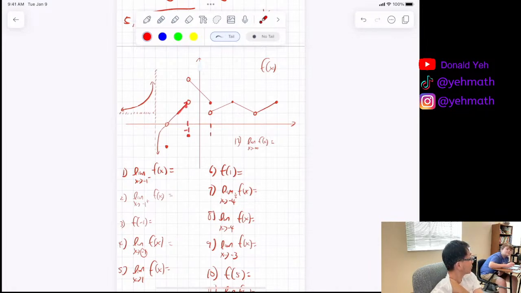Do you see that? If coming from the left side, the output is gonna be 2. This star here is -1 from the left. And you going toward -1, that's gonna be an output of 2. So the answer is 2.